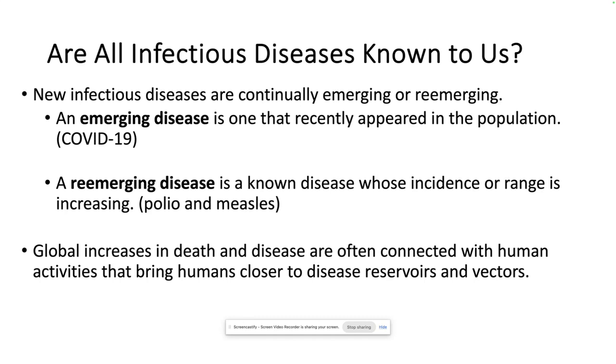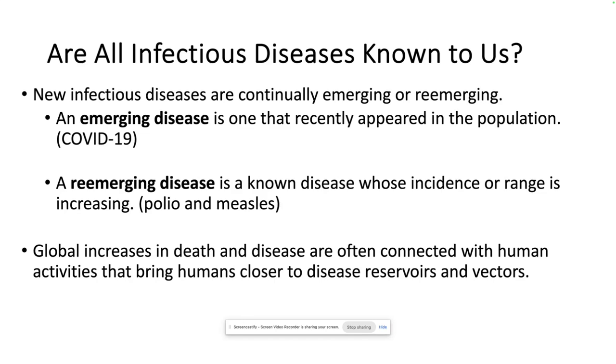Okay, so with emerging diseases, the way that these become known to us is usually because of changes in the environment around them. So we're seeing a lot more increases worldwide of death and disease that are connected to human activities.